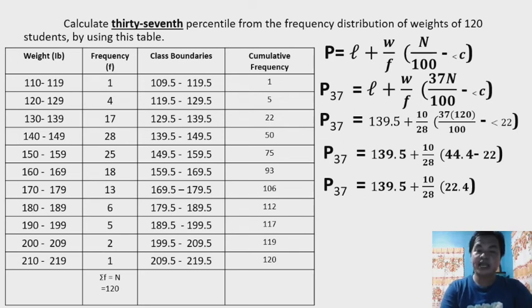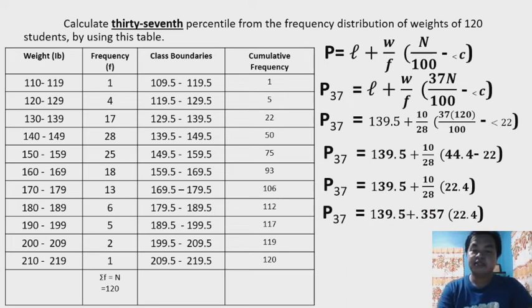Ang sunod naman ay i-divide natin ang 10 sa 28. Ang sagot ay 0.357. Ang 0.357 ay i-multiply naman natin sa 22.4. Ang sagot ay 7.996. I-add naman natin ang 139.5 at saka yung 7.996.